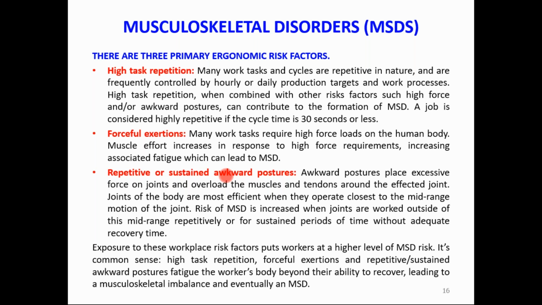Joints of the body are most efficient when they operate closer to the mid-range motion of the joint. Risk of MSD is increased when joints work outside of this mid-range repeatedly or for sustained periods of time without adequate recovery time. So exposure to these workplace risk factors puts workers at higher risk of MSDs.